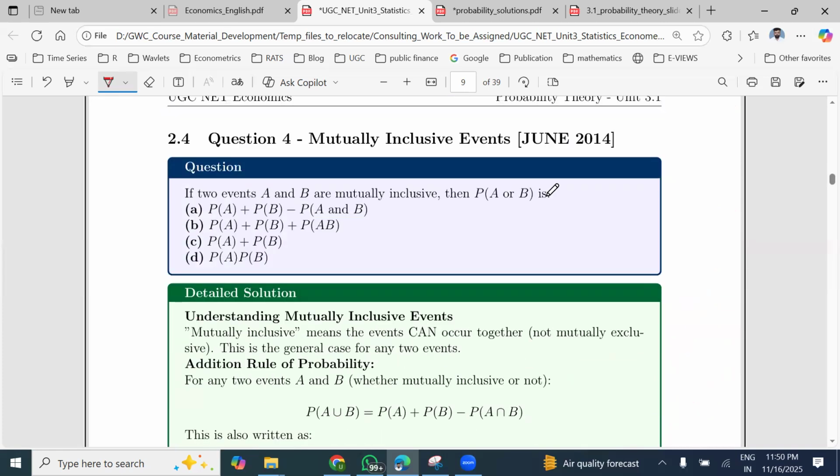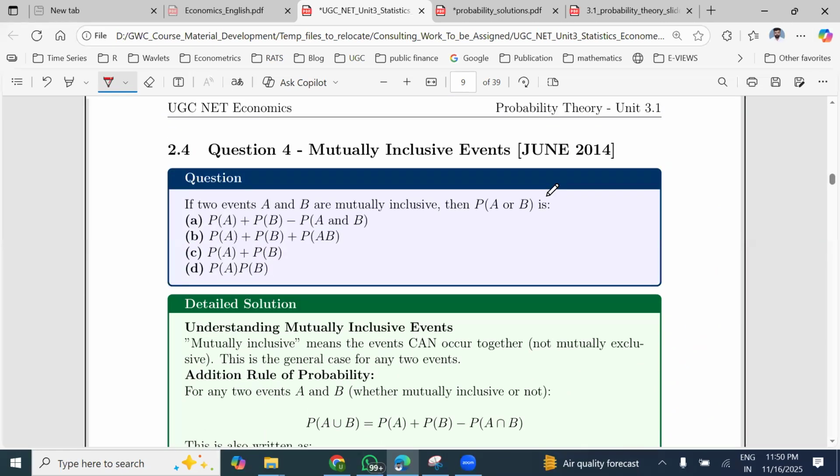This one is much easier, isn't it? Question number 4. Mutually inclusive events, exclusive, not exclusive. So that is what again I am telling you. If two events A and B are mutually inclusive, what does that mean? A or B? Chinmay, you had told earlier. And means intersection. Or means union.